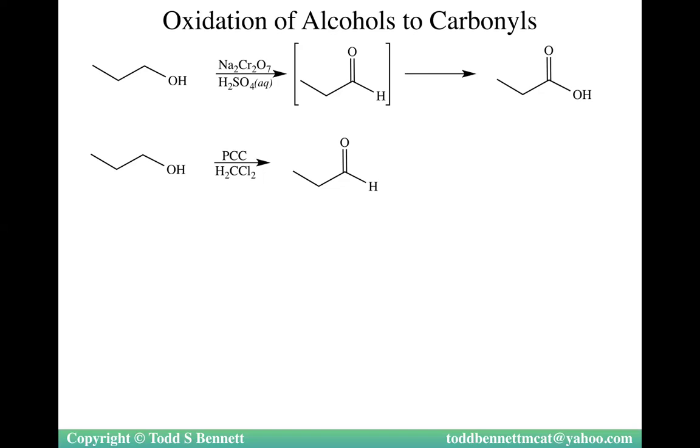If you don't have water, you can't convert the carbonyl to a geminal diol, so it can't get oxidized any further than just one H. So we lose one of these H's to get the aldehyde. We use PCC, where the P stands for pyridine, so it's pyridinium chlorochromate. Pyridine is the poison that stops this reaction.